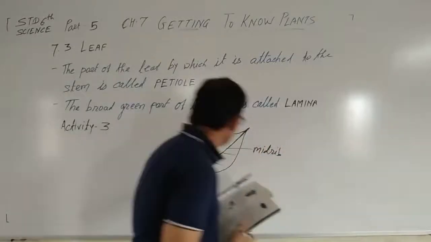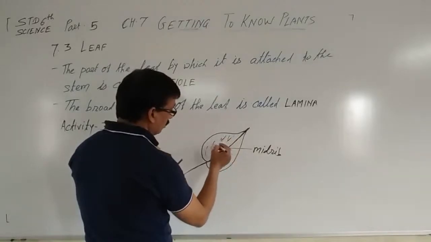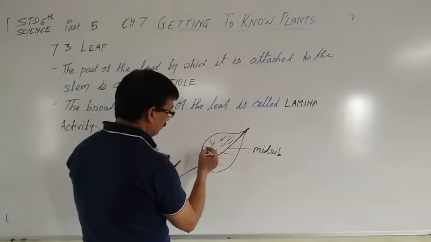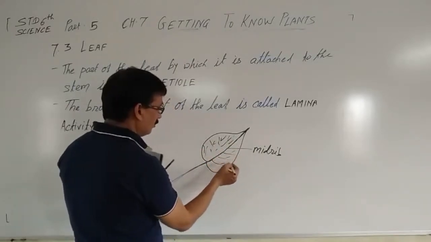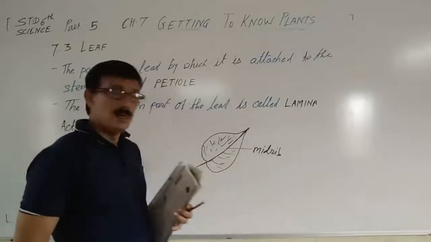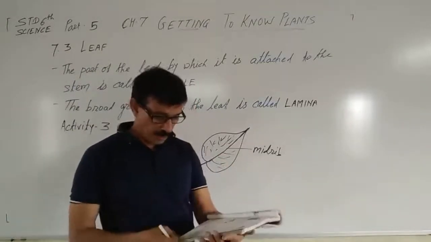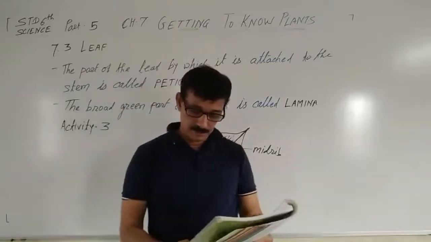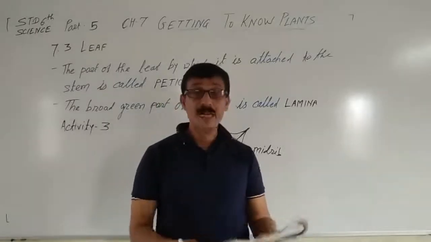See, in this venation also you can see some more lines like this, and that is why this is a net-like design, and that is why this is reticulate venation.